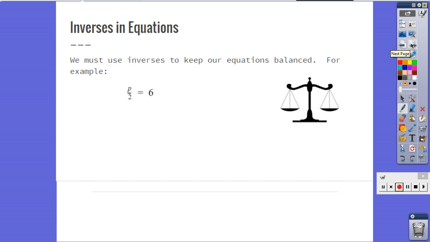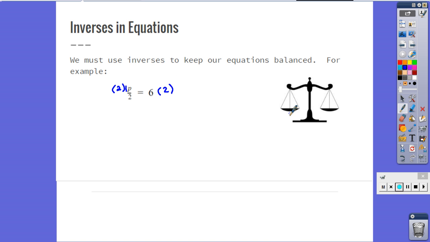So if I think about this, there is 1p here. So I've got this fraction that is basically 1/2, and then there's a p with it. But I want to get p all by itself. And so what I need to do here is think about, hey, I can multiply both sides by 2. So I have kept everything in balance.